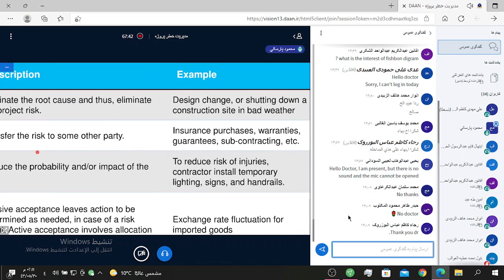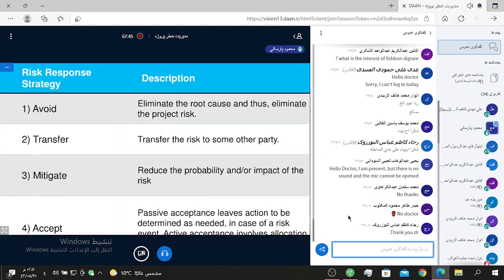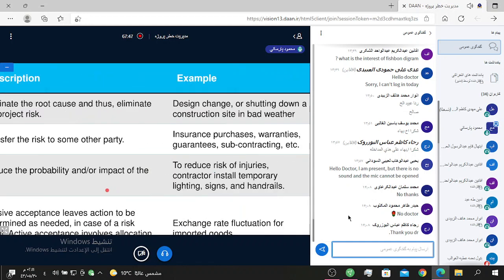And one example about the strategy of transferring, for example, insurance purchases or buying insurances, use warranties or guarantees, and sometimes both of them. And the next example, use subcontracting, etc.